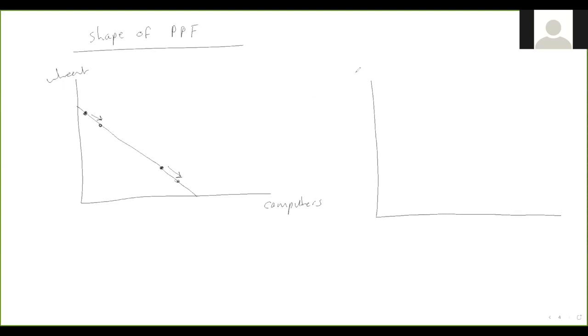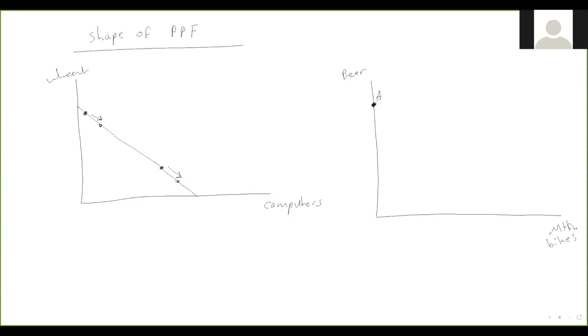So let's consider a new economy here. This economy produces beer and mountain bikes. So start with this point here.